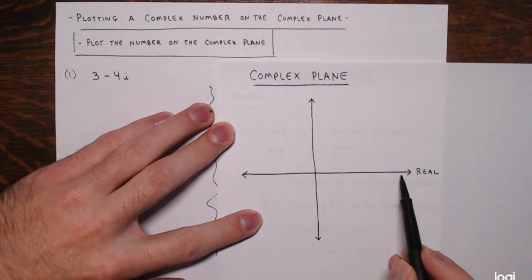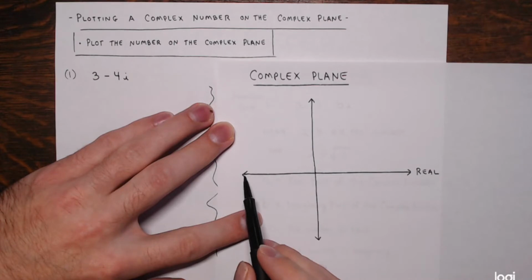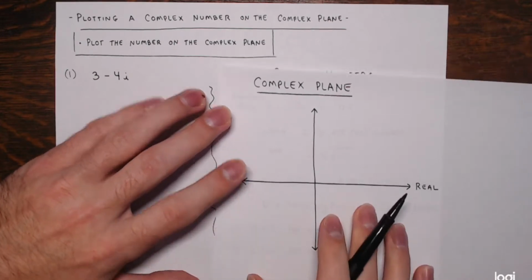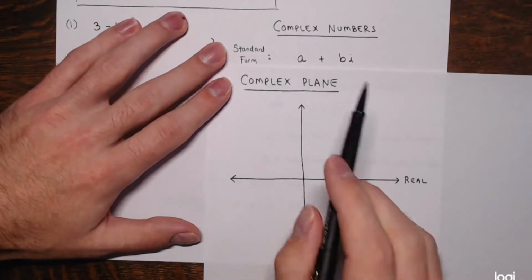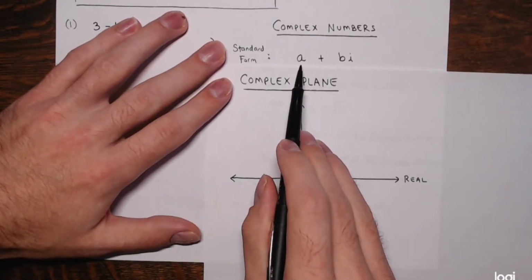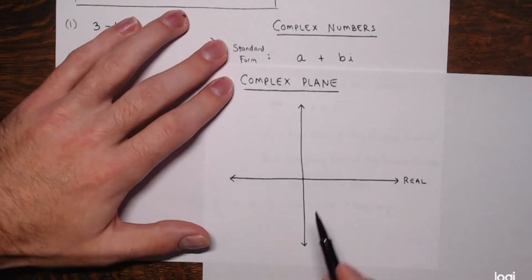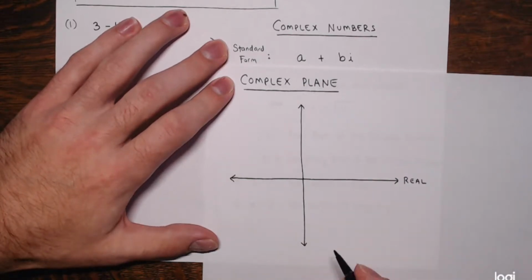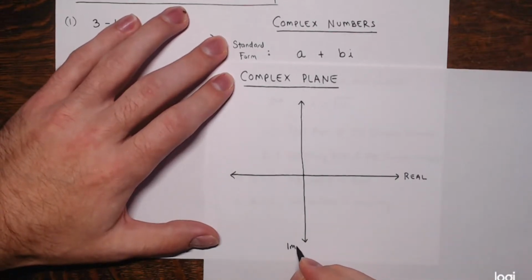So the horizontal axis represents the real parts of a complex number, right? So the possible values of a, the real part. And the vertical axis is the imaginary axis.